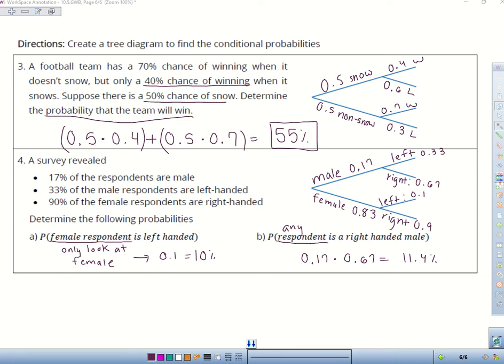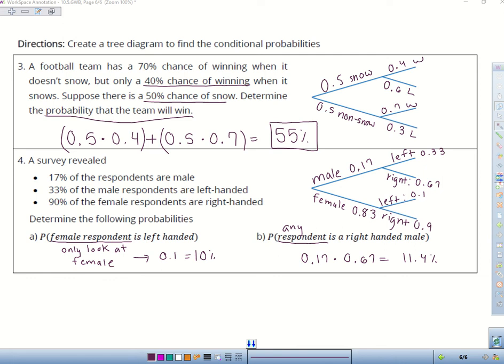In the first probability, they tell you to only look at female respondents. So that means you get to fast track. We only care about the female respondents. We don't need to deal with the probability of them being female because we're assuming that they are right off the bat. Within the realm of the female respondents, only 10% of them are left-handed. Simple as that. Now, as for question B, they just say respondent.